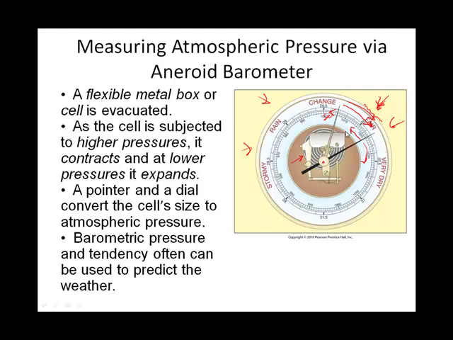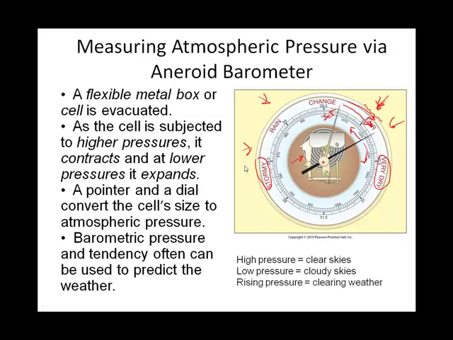If this was set maybe 24 hours ago, can you see the tendency here is for the pressure to be increasing? Okay? If we are under the influence of a high pressure, remember I said high pressure is boring, we should have kind of clear skies. If we have low pressure, we can generally expect some sort of cloud cover or even storms. So if the pressure is rising, we'll have clearing weather.